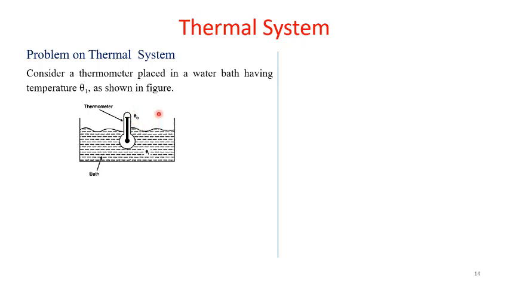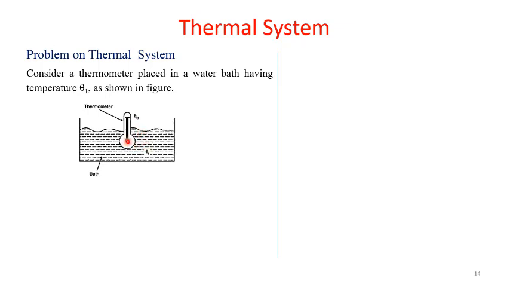notation θ0. So the water temperature θi will be transferring through this thermometer bulb, and it will be raising the mercury level in the thermometer to an indicated temperature θ0.